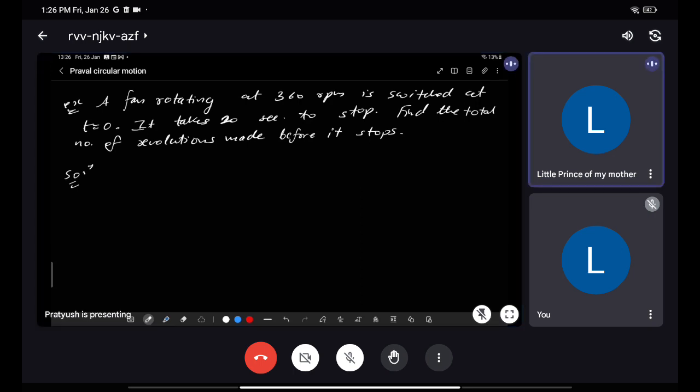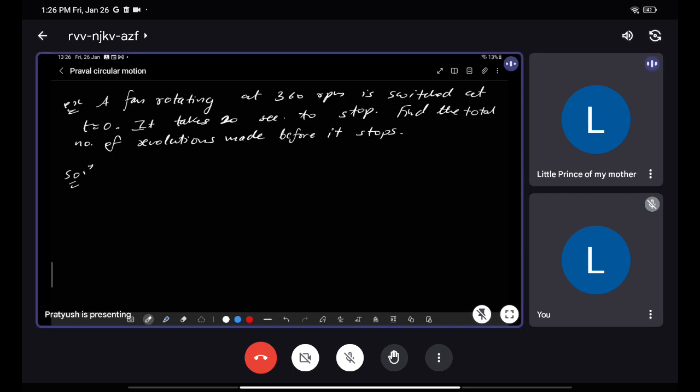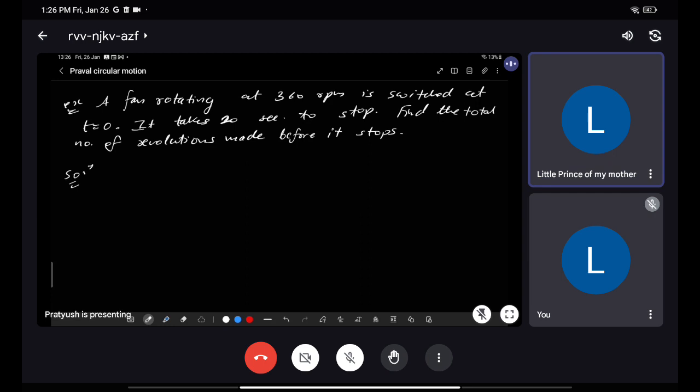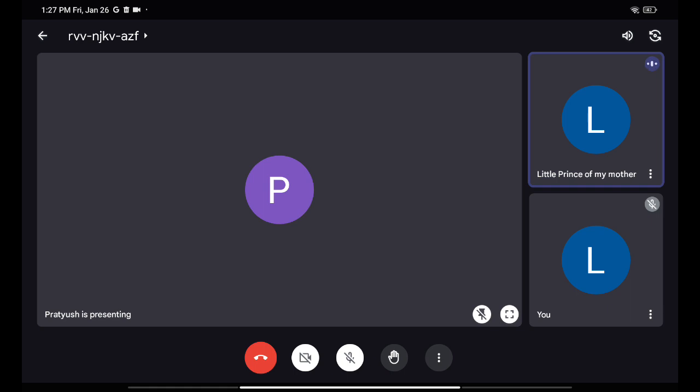So here we need to find alpha. So we can get 3600 as the number of revolutions.